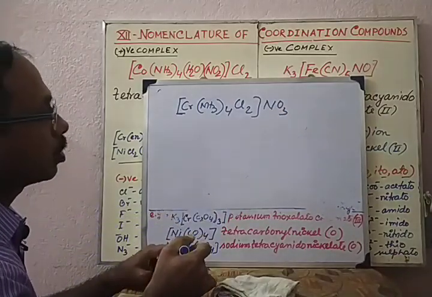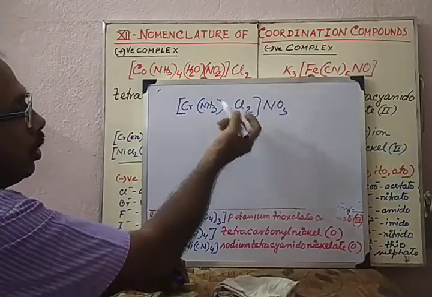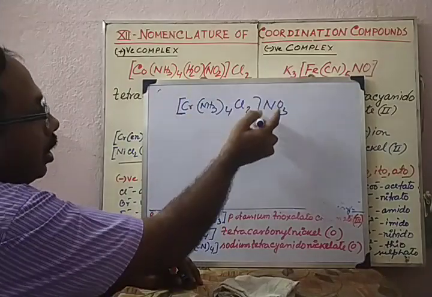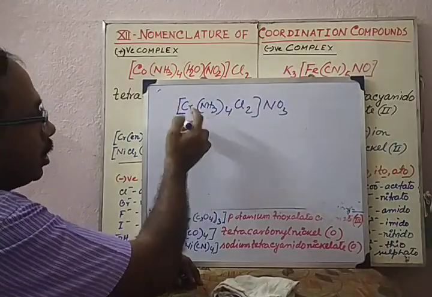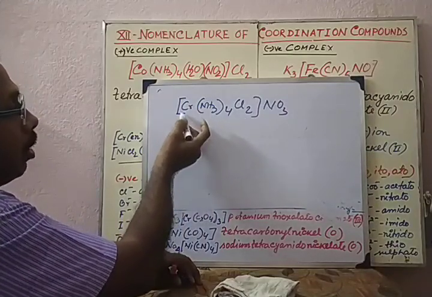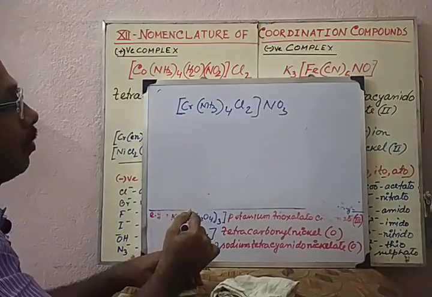What should be the name of this compound? Now alphabetically, amine starts with A, chlorido is next. When we are writing the name of the complex portion, even though it is the positive part, we should not write the name of the metal first. We should name the ligands first, in alphabetic order.